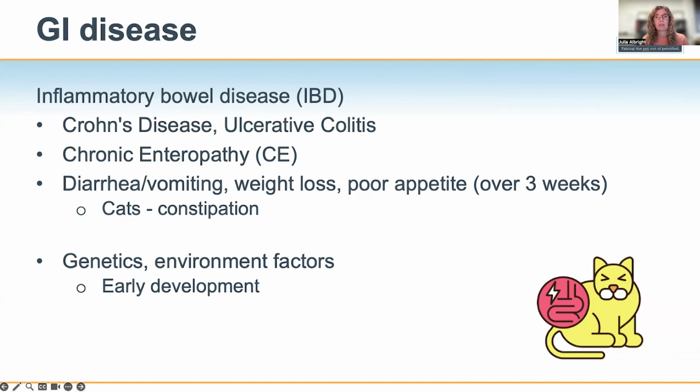In our pets, you can see diarrhea, vomiting, and weight loss. In cats, constipation is definitely a common clinical sign with chronic enteropathy. These diseases can have genetic and environmental factors, and the environmental factors that shape the microbiome and immune system early in development, again, may be the most impactful.